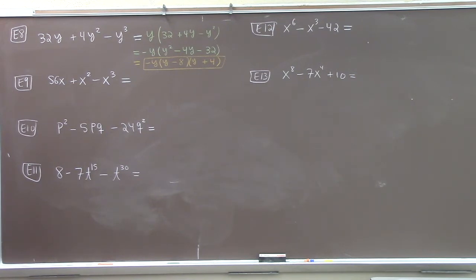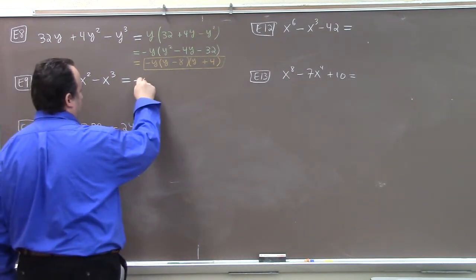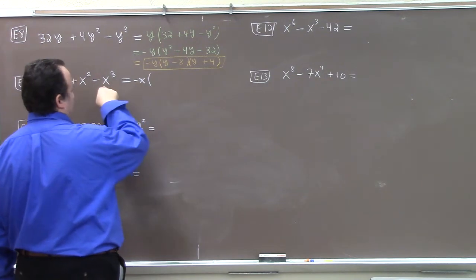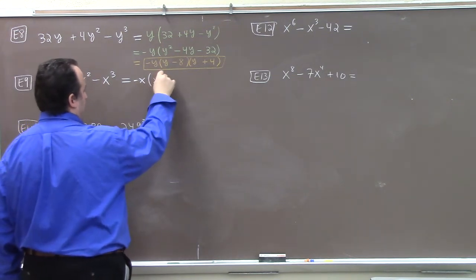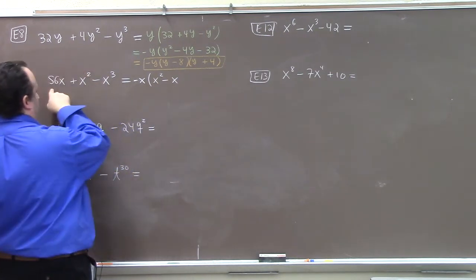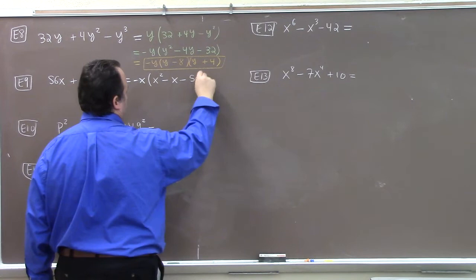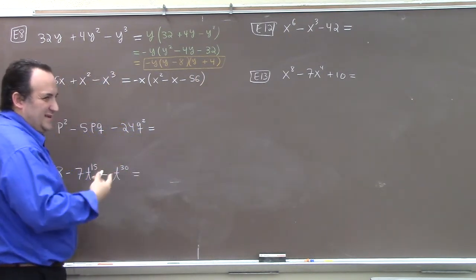Like, let's see here. This one, I'll factor a minus x out. How about that? Minus x. And this one gives me x squared. This one gives me minus x. And that one gives me minus 56. I did something kind of sneaky there. Do you understand what I did?